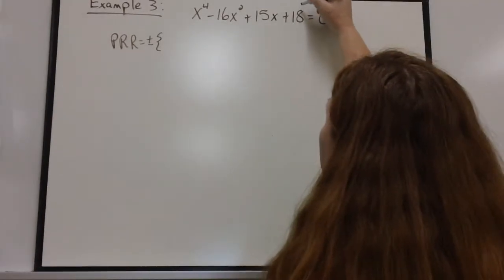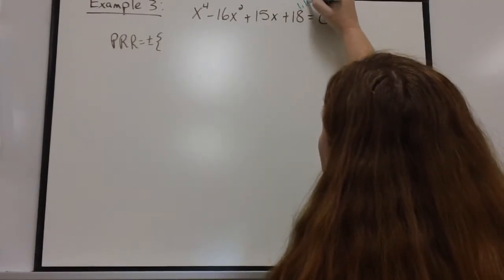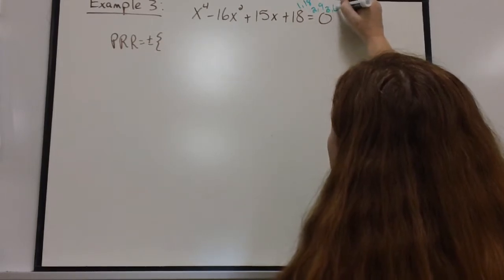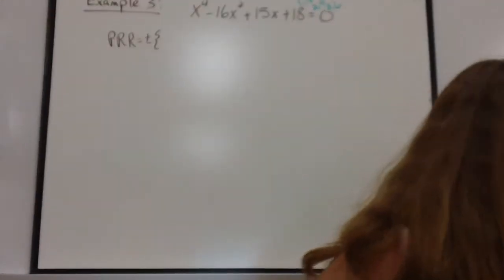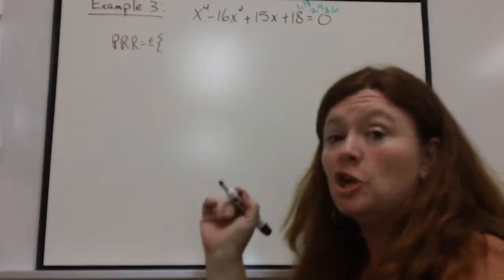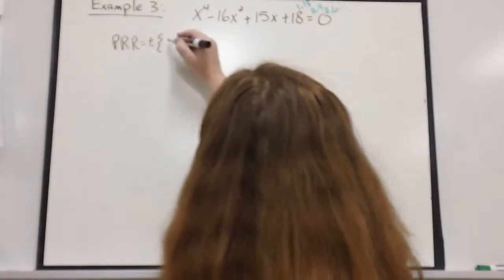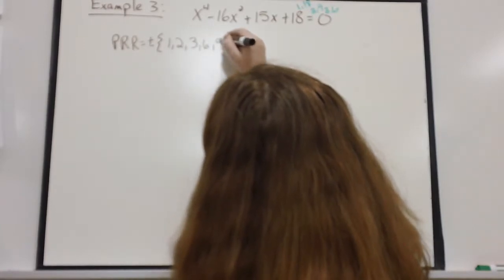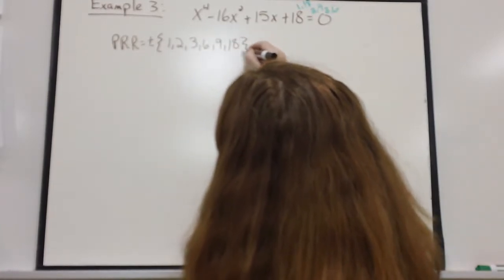The factors of 18 are 1 times 18, 2 times 9, and 3 times 6. So put them each over 1, and I get 1, 2, 3, 6, 9, and 18.